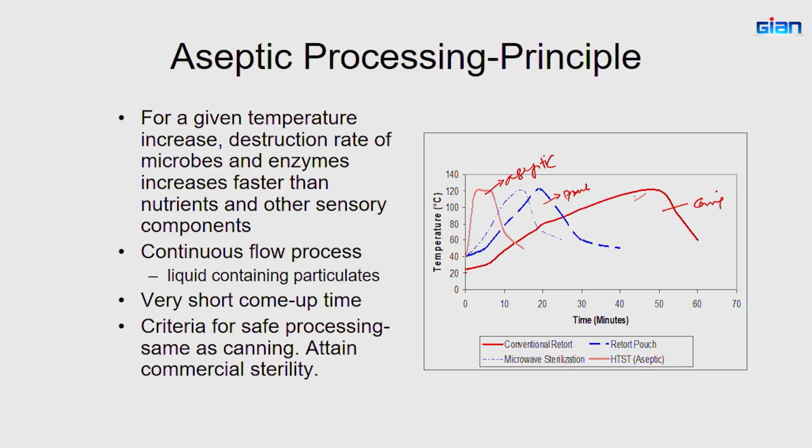The target bacteria for thermal processing for sterilization is Clostridium botulinum, and the indicator or surrogate organism for sterilization is Clostridium sporogenes.